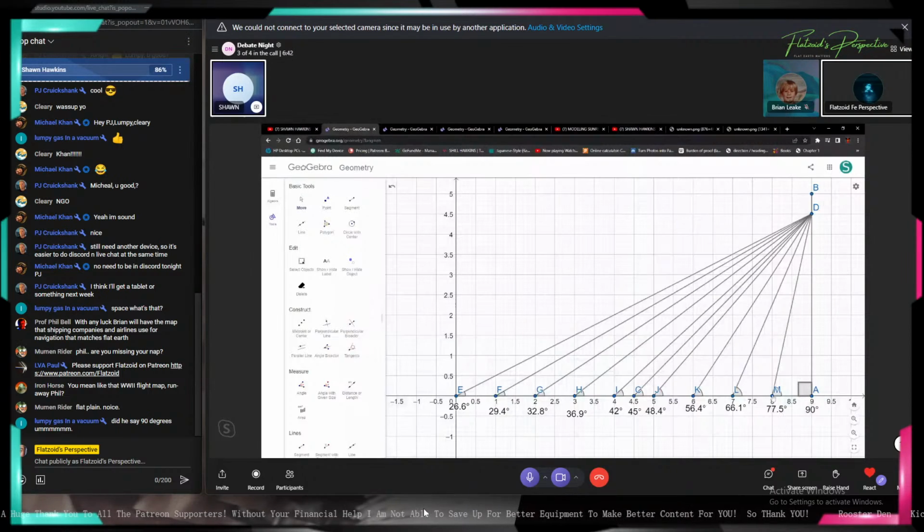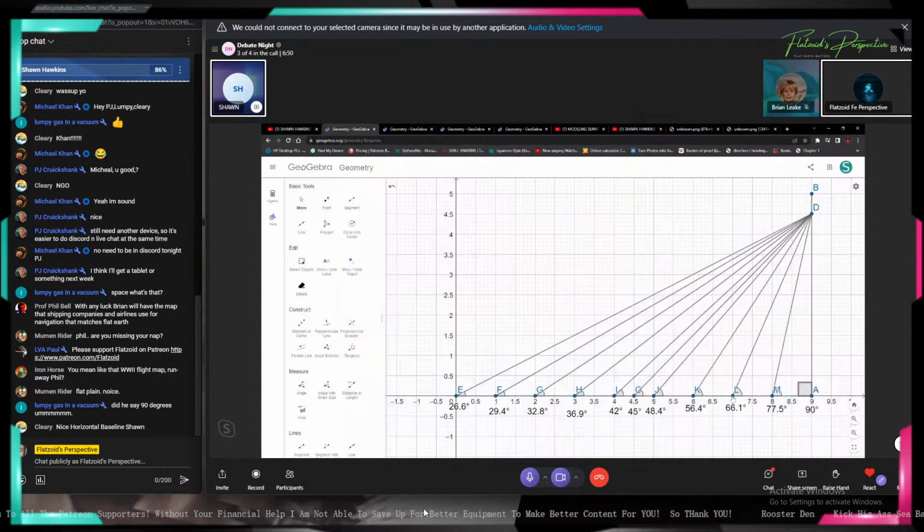You're looking up at Polaris. But somehow the angular measurement is 77.5. Here you are at 70 degrees latitude, and it's 66.1. Here we have it at 60, 56.4. See, the numbers don't match.